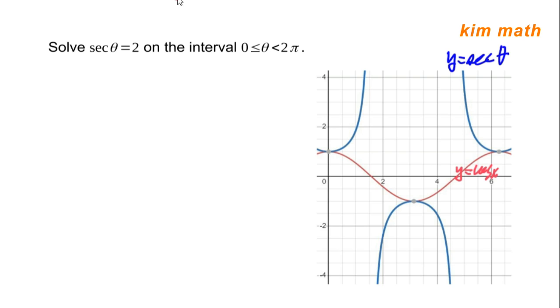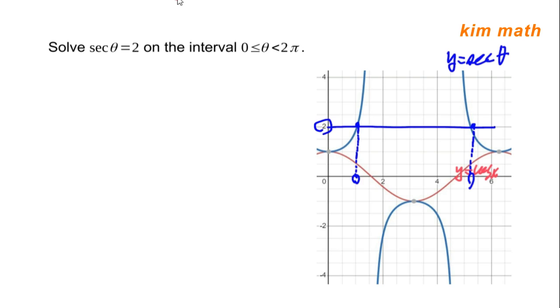From this picture, 2 is here. Okay? So on our interval from 0 to 2 pi, we have 2 solutions here. Your first answer is here, and the second answer is here.